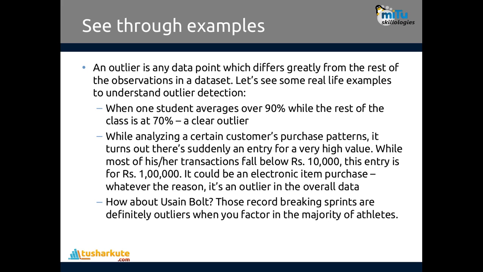It could be an electronic item purchase, whatever the reason, but it's an outlier in the overall data. Now, Usain Bolt's record-breaking sprints are definitely outliers. Compared with the majority of athletes, his record is the least amount of time taken to complete the 100-meter race. So that can be considered an outlier.